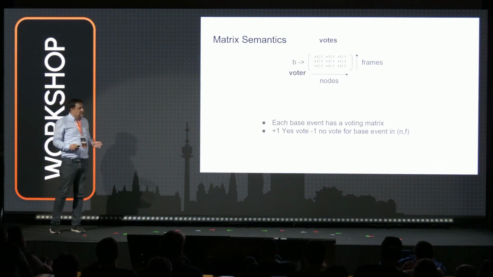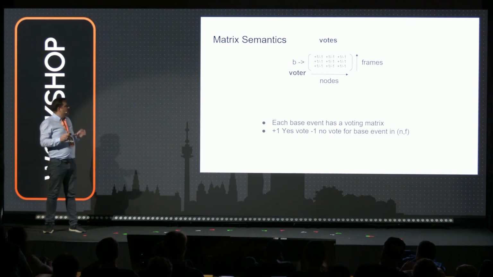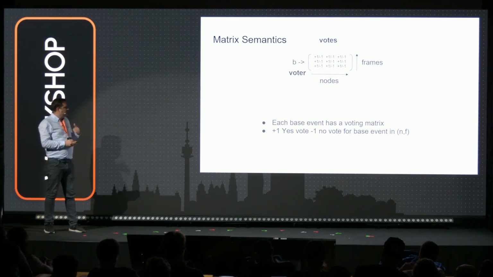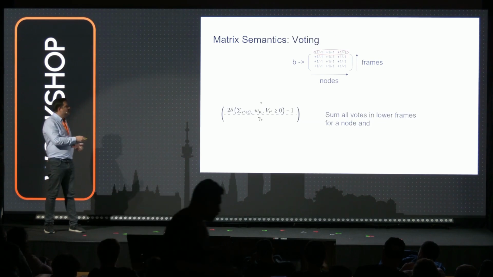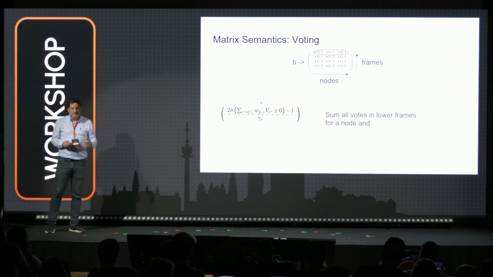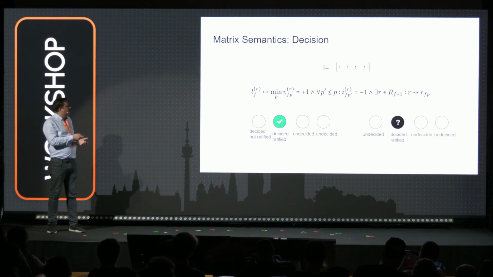Now, what's really interesting is we can view this as a set of matrices. So for every base event, the votes can form a matrix, where +1 or -1 is either a yes or no. And what's interesting is that by using some mathematics, we can do this aggregation inductively. And we can make a decision based on these matrices.